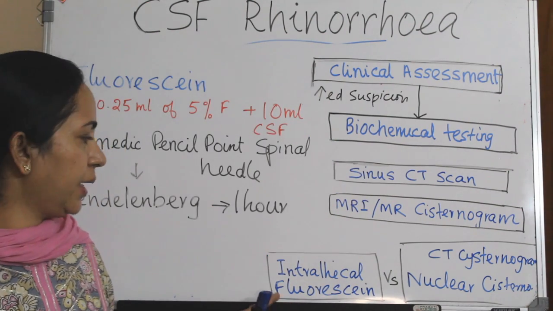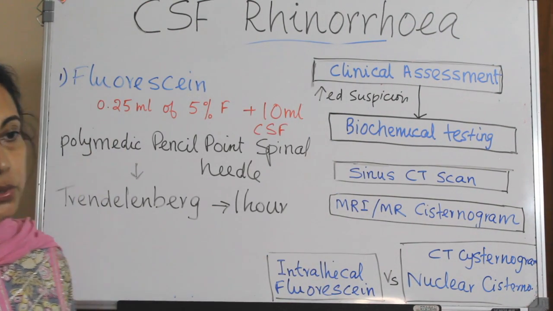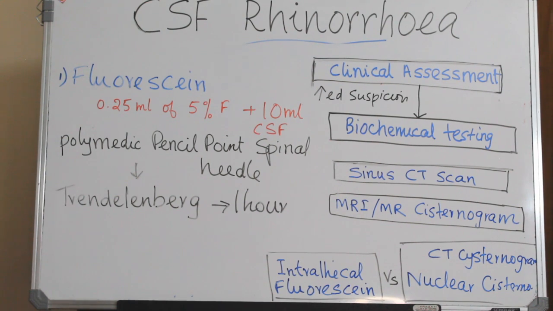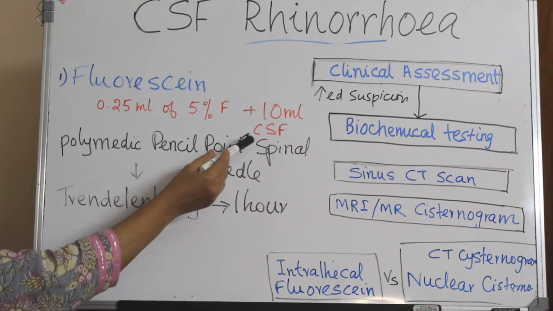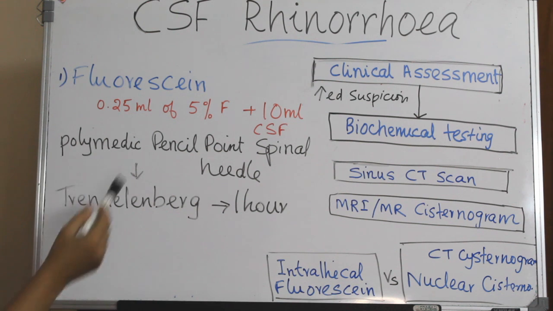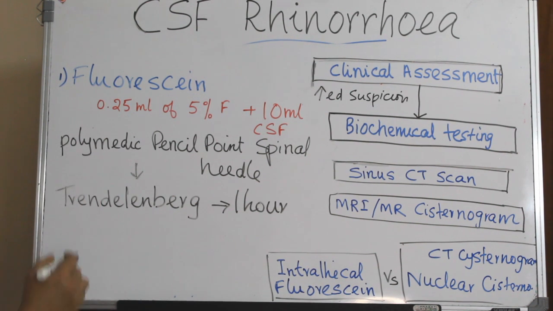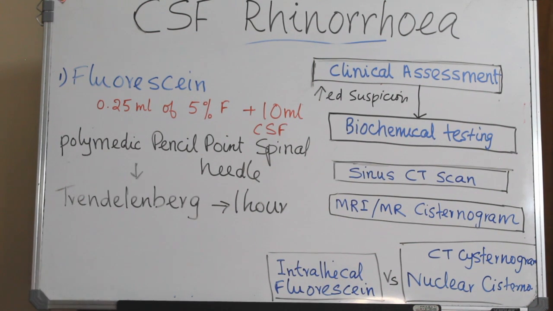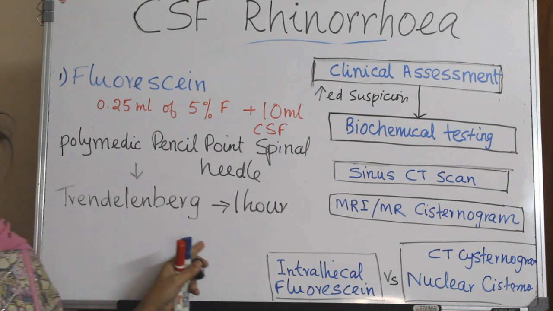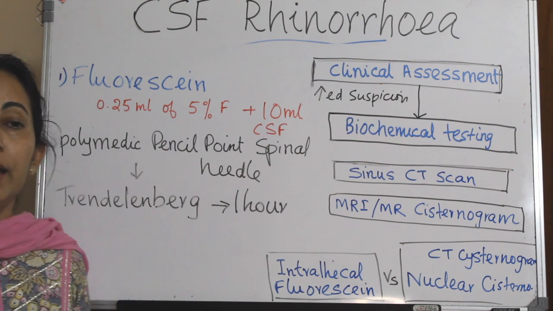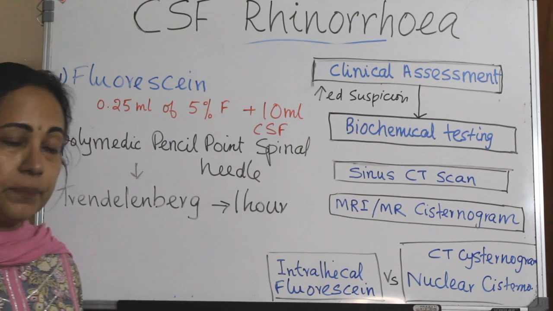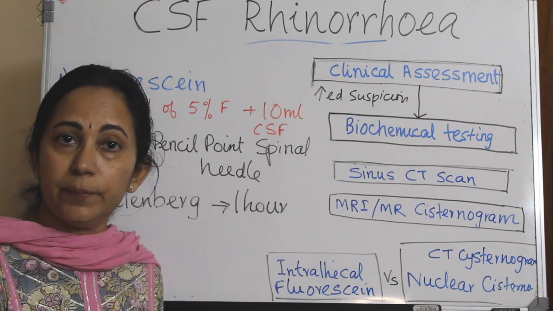The most commonly used dye is again fluorescein. For that you first do a standard lumbar puncture and take 10 ml of CSF. To that add 0.25 ml of 5% fluorescein, and through a Polymedic pencil point spinal needle introduce it and keep the patient in Trendelenburg position for 1 hour, and after that do an endoscopy, or you can plan it 1 hour before surgery.